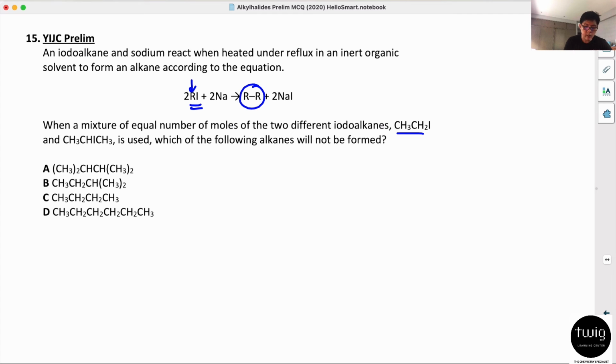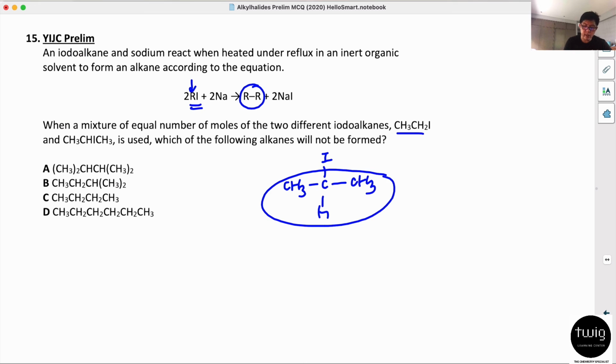Maybe I should draw it out. CH3, CH, and sorry, this is I. Okay, this is I, and this is a CH3. So let's see what are the possible structures that you can get. I'm going to just draw it this way. Let's look at the R group.